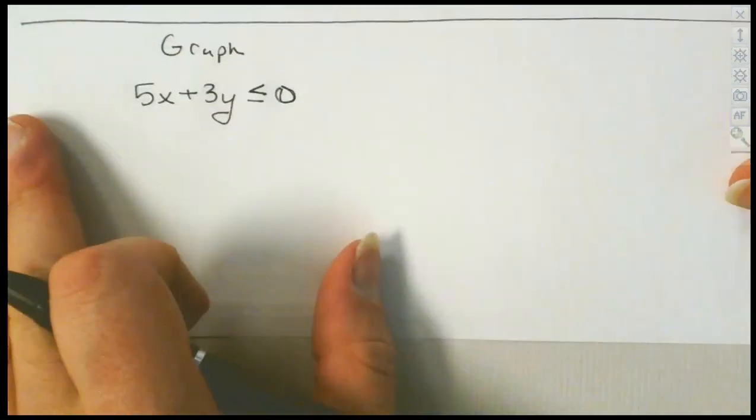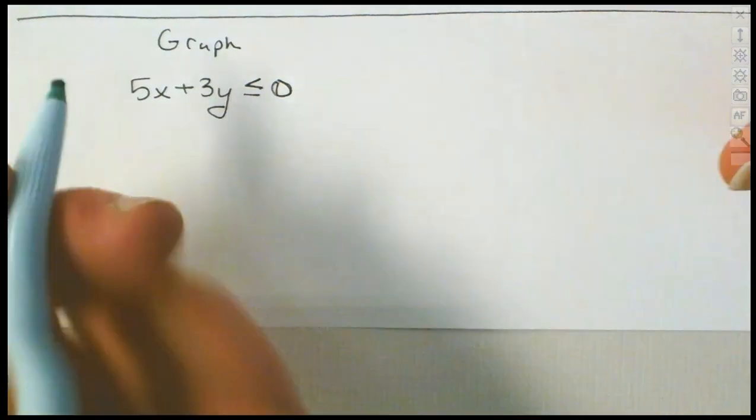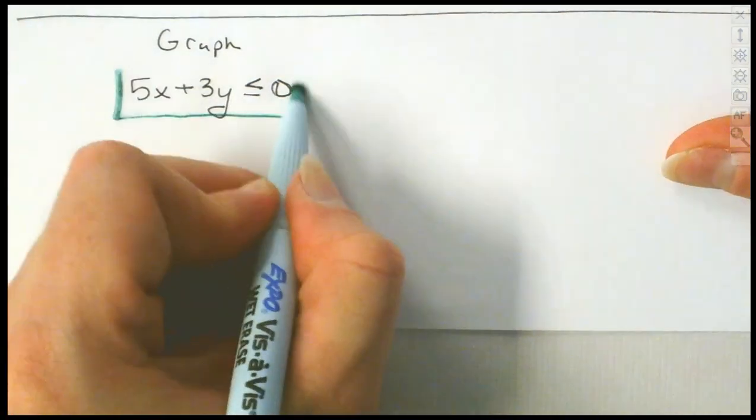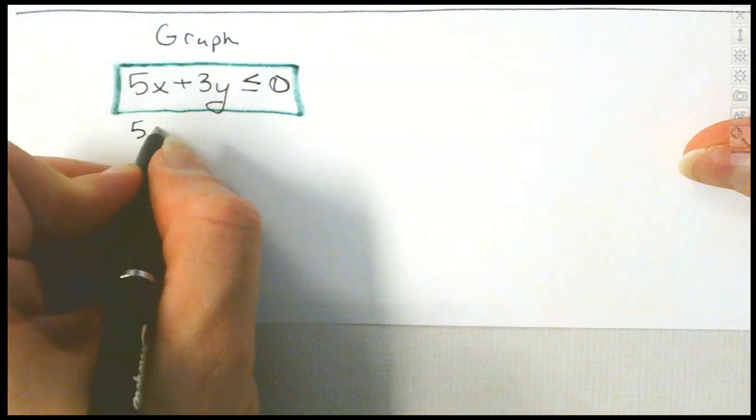Let's try this one. So this is what we're going to be graphing. I always, again, like to put a box around it so we don't lose it, because it's easy to misplace that inequality. And so I put a box around it so that I can keep track of it. Now we need to go ahead and replace that with an equals.